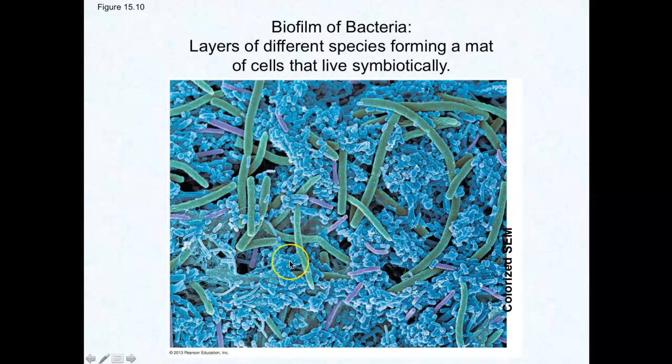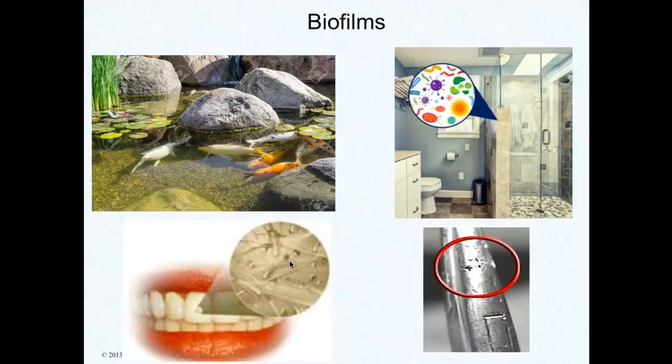However, if you lived in a biofilm, you're going to be protected by layers of other cells, and you can maintain moisture, you can maintain organic molecules in this biofilm, so you have sort of a supply of food. You are shielded from things like weather or UV radiation, so it's a very protective environment to live in. Which is why this is where you find most of your organisms living, inside of a biofilm.